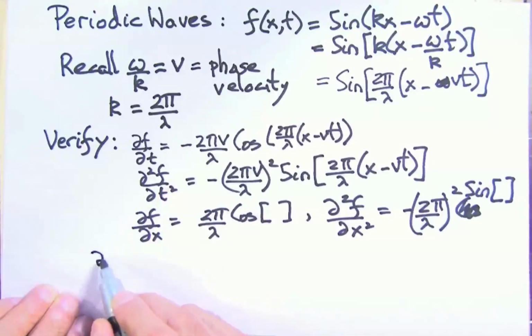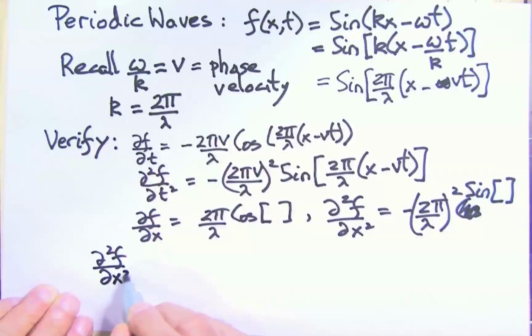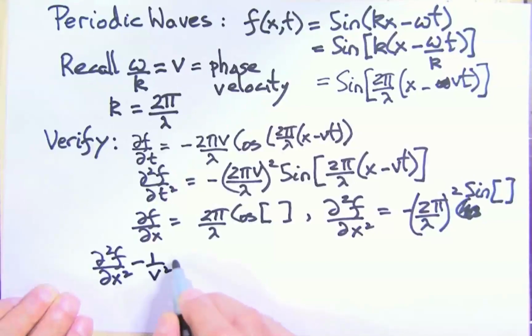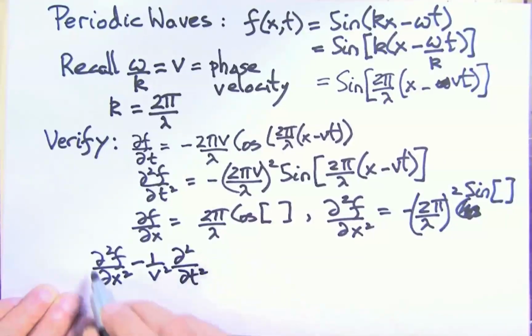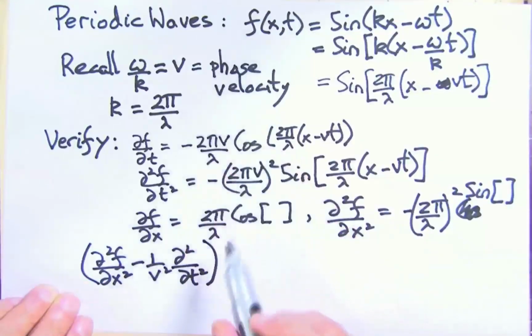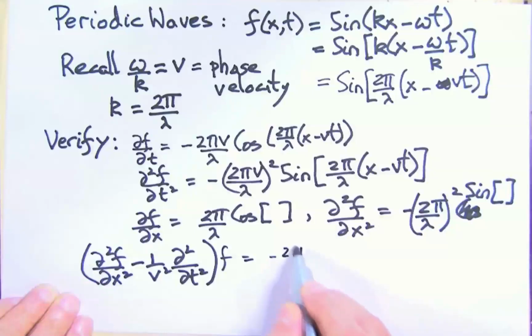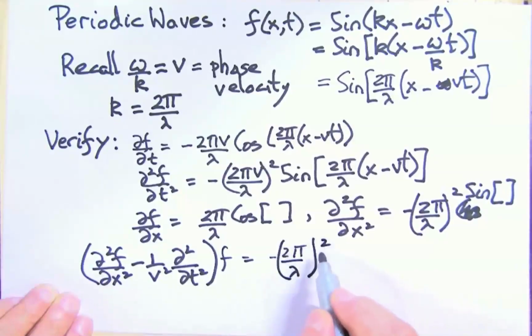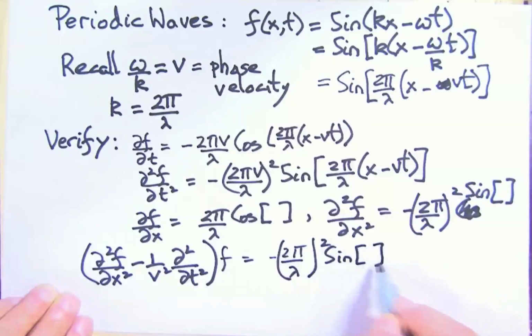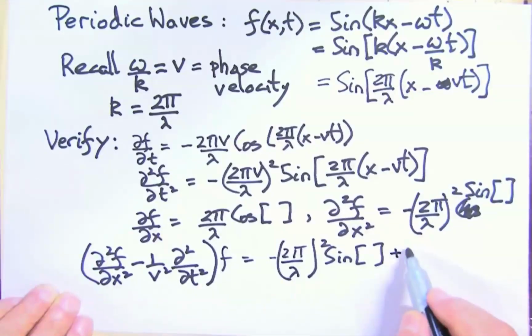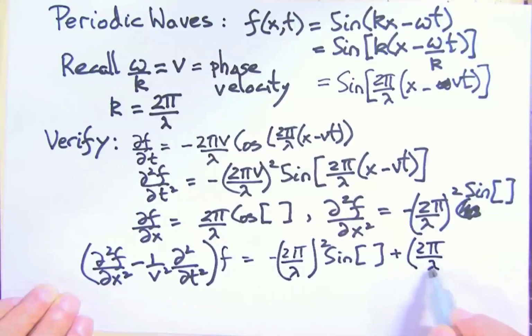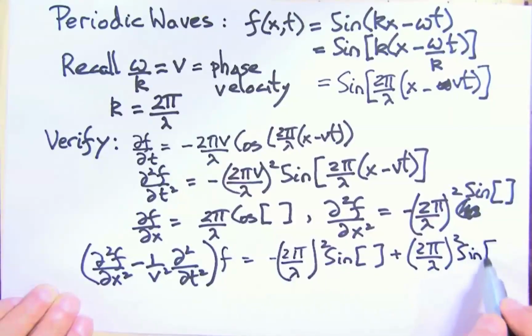And so let's add them together, and you see that d2f dx squared minus 1 over v squared d2 dt squared, when it acts upon this f, is going to give you, from the first part, minus 2 pi over lambda squared times sine, and from the other, because there's this additional minus sign, it's going to give you plus 2 pi over lambda squared sine, and the same thing there.